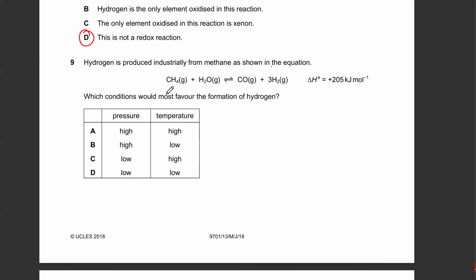Okay. Which conditions would favor the formation of hydrogen? I mean, basically the forward reaction. So higher temperature and the pressure would be... the number of moles on the right hand side is more.